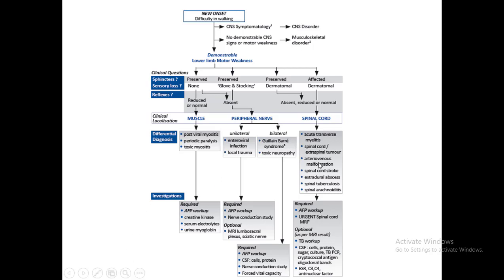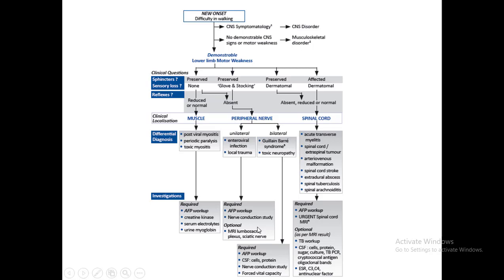At all three levels, you must start with the acute flaccid paralysis workup, which we will talk about later, but the next investigations depend on the localization of the disorder. In the muscle, you are going to do creatine kinase, serum electrolytes, and urine myoglobin.